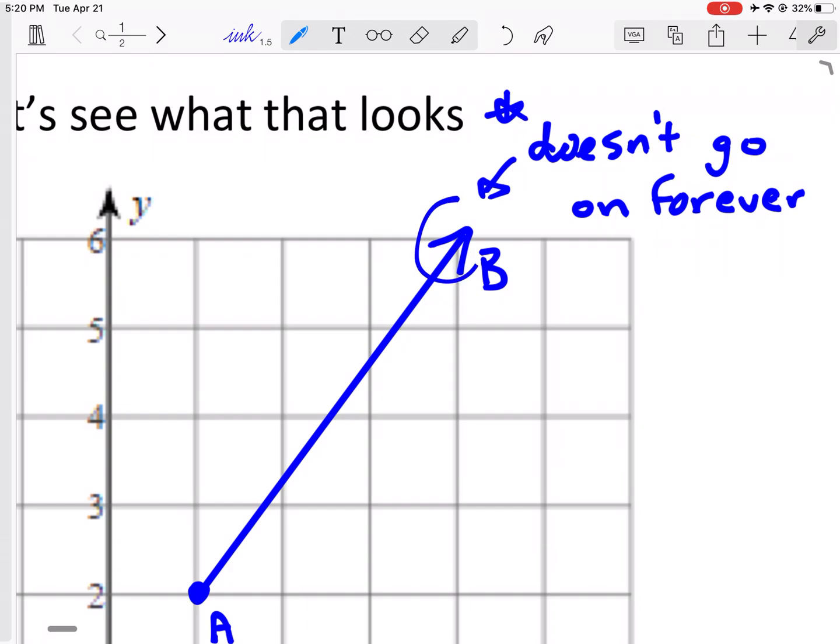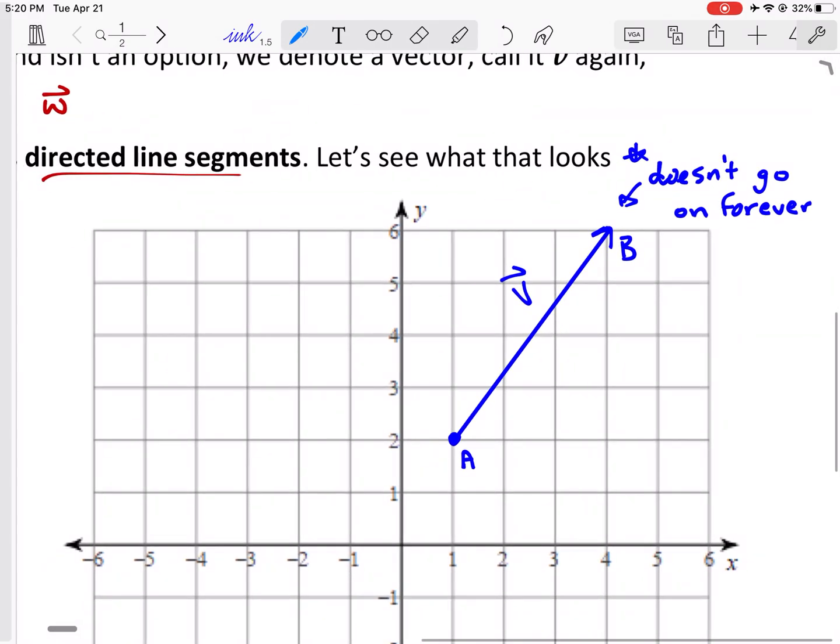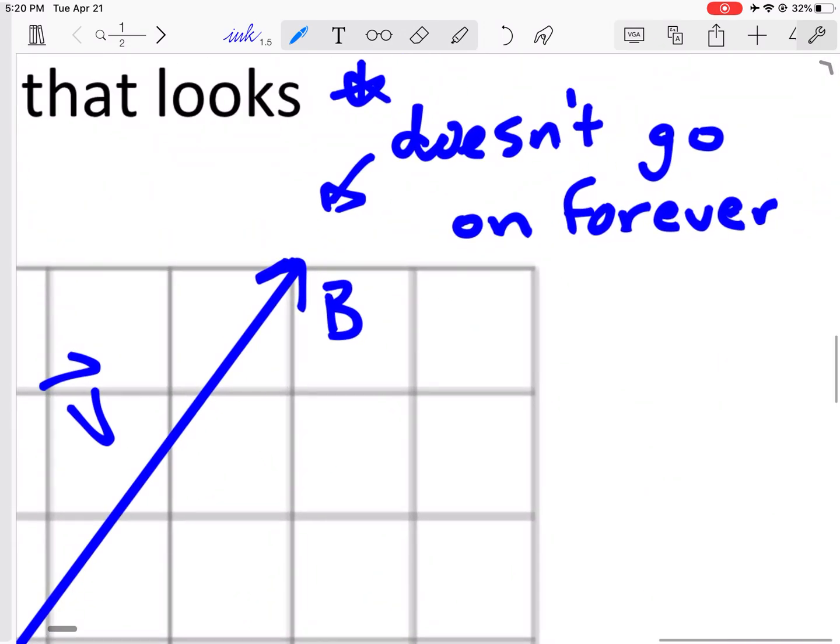So we put that arrow there just to say, hey, it goes up that way, not down this way. Some people don't like to put it on the end just to symbolize the difference. You might see the arrow in the middle of that directed line segment. I'm used to it this way, so I put it on the end. And this is the vector we're calling v right now. So this doesn't go on forever. This is just the direction.